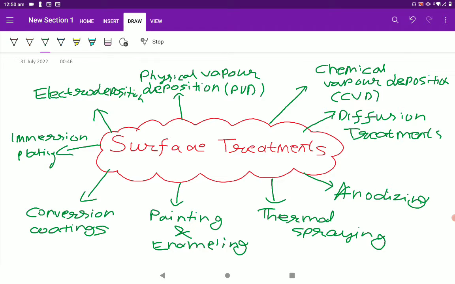So these are the various types of surface treatments implemented in industrial practices.